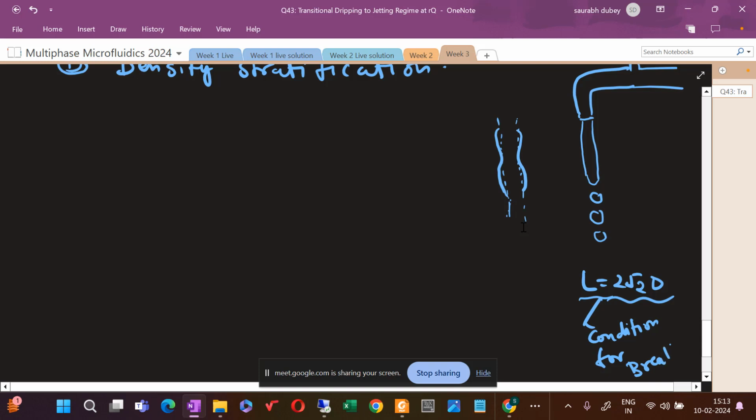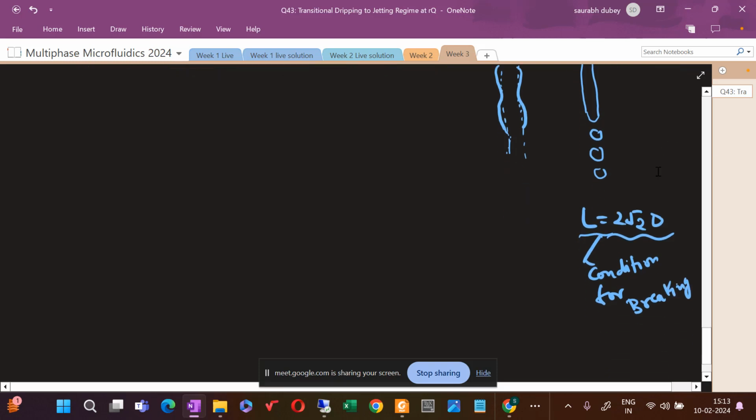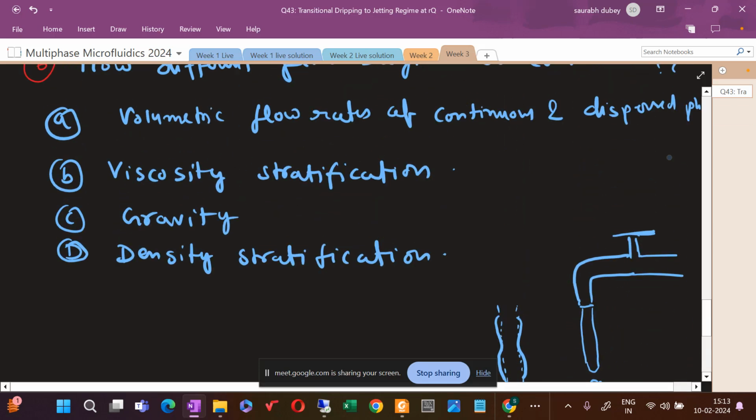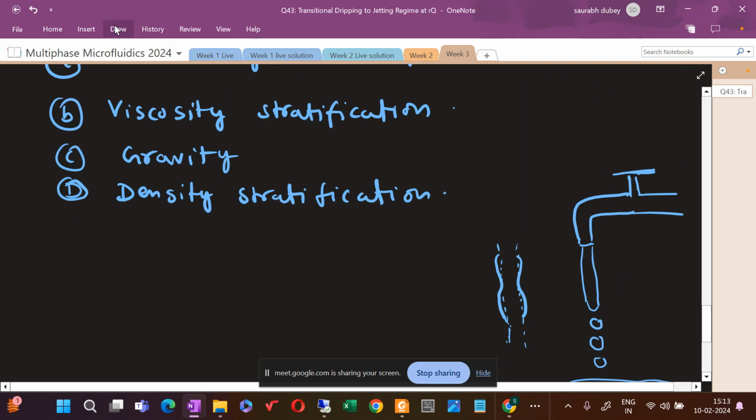Though this involves various assumptions like lubrication approximation, this is the rough estimate that has been calculated analytically using the Navier-Stokes equation and the continuity equation, that at what particular condition there will be breakage of a jet, and this comes under the umbrella of Rayleigh-Bénard instability.